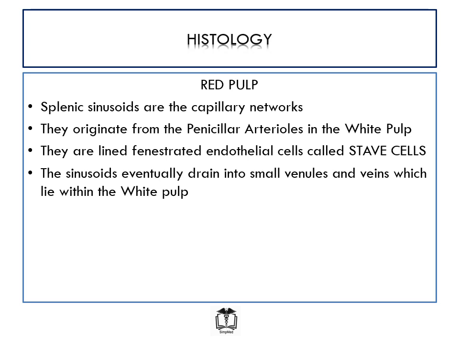The cells that tend to form the fenestrated endothelial linings tend to be called stave cells, and the particular function of the sinusoid is to drain fluid from the penicillar arterioles and then eventually drain it back to venules. And these venules will become part of the venous system that will drain back into the white pulp, forming veins in the white pulp and eventually coming out as the splenic vein.